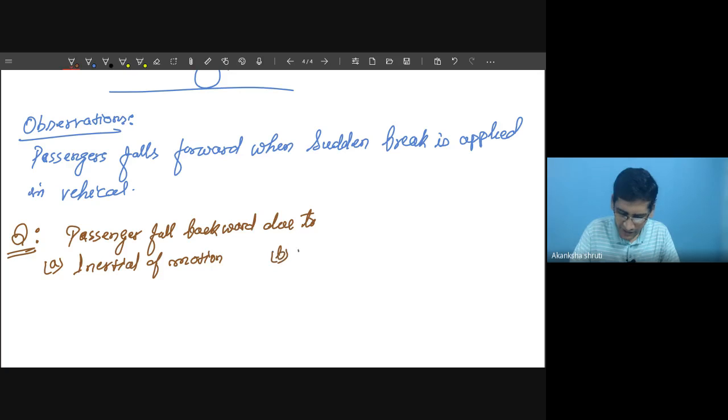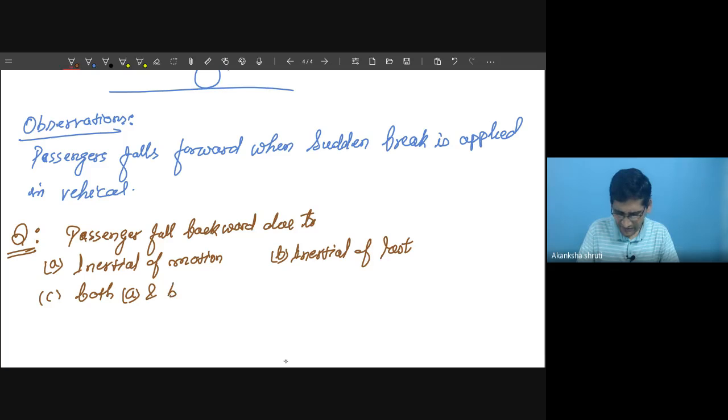In B, inertia of rest will be written. C, say the passenger falls backward, both A and B, and in option D, none.